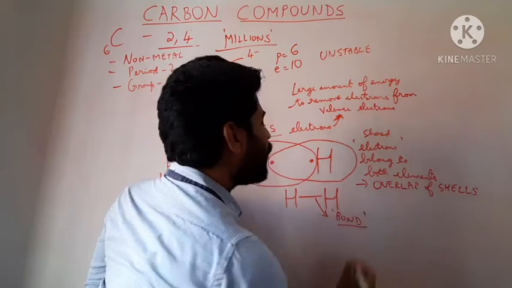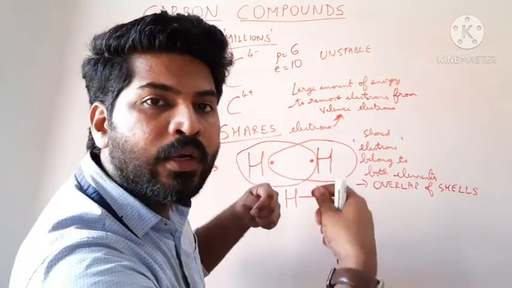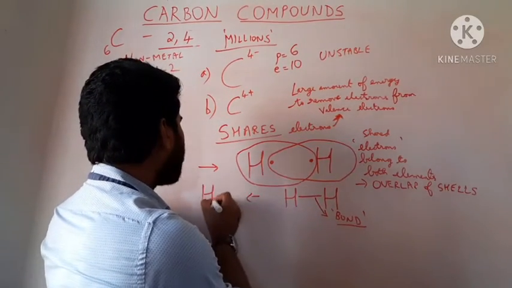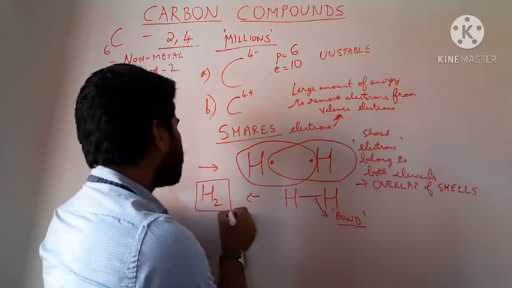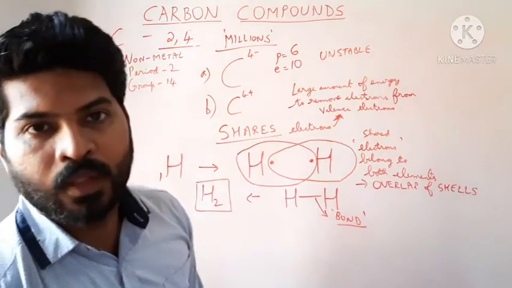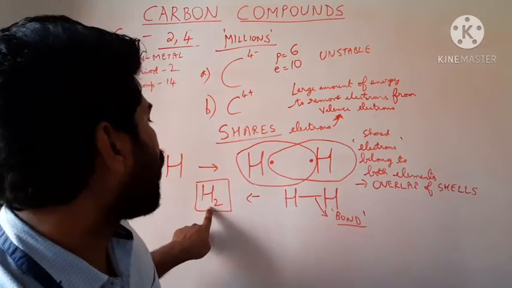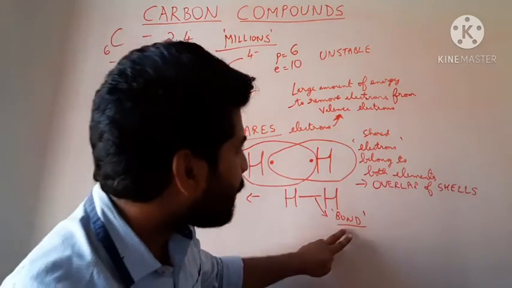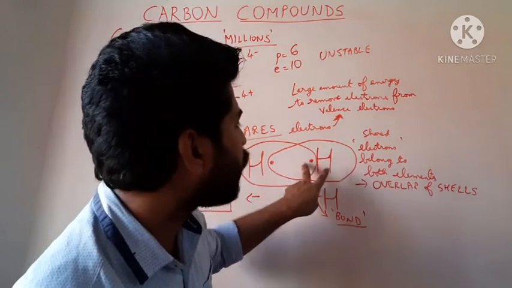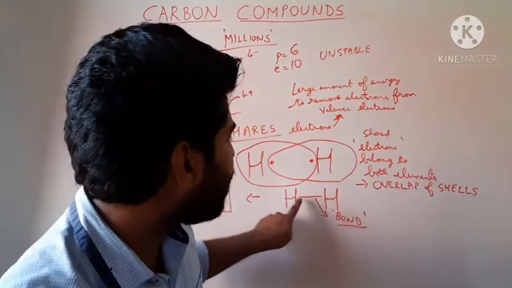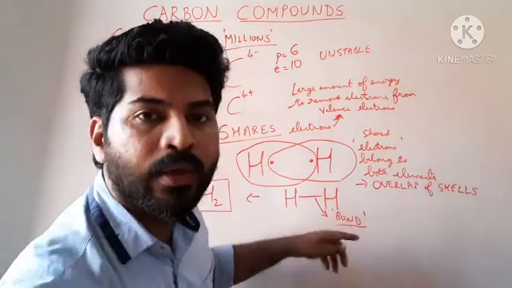This bond will hold the two atoms together, and thus we get a hydrogen molecule. So two hydrogen atoms combine together to form a hydrogen molecule. Sharing of electrons takes place. So this is represented by a line. This is nothing but a bond.